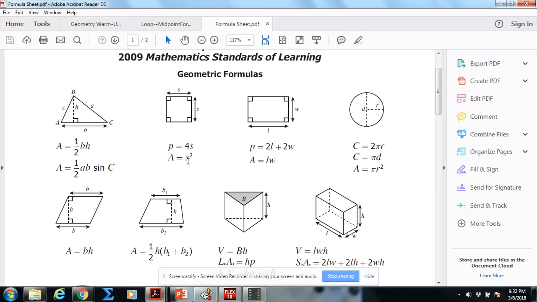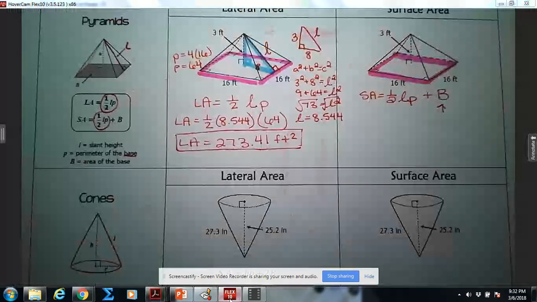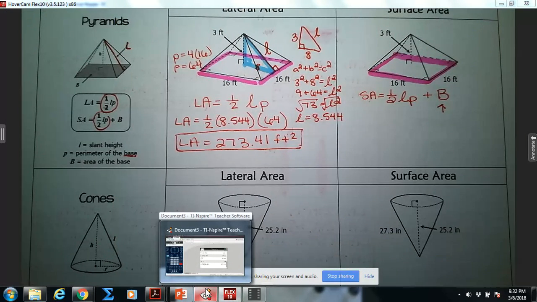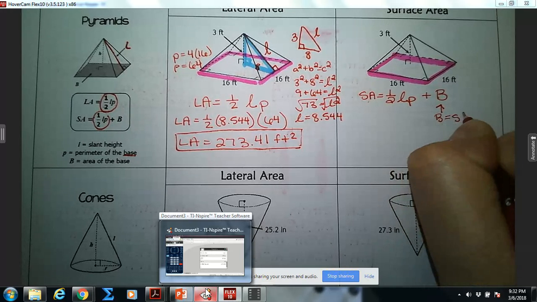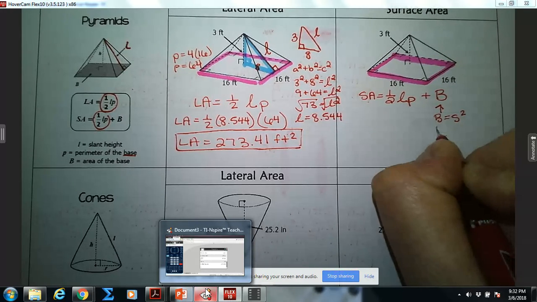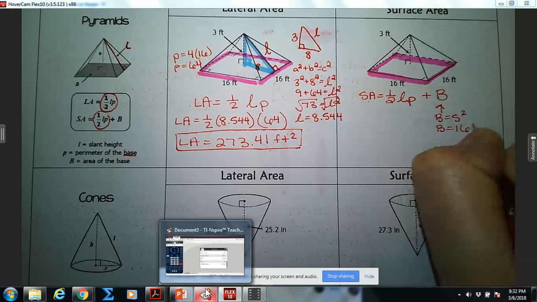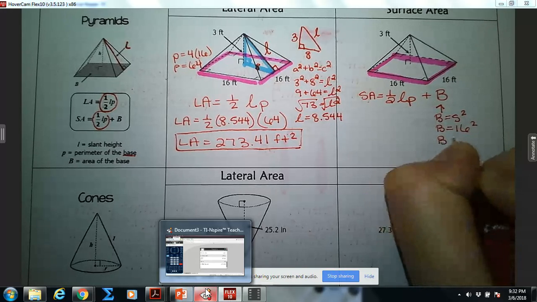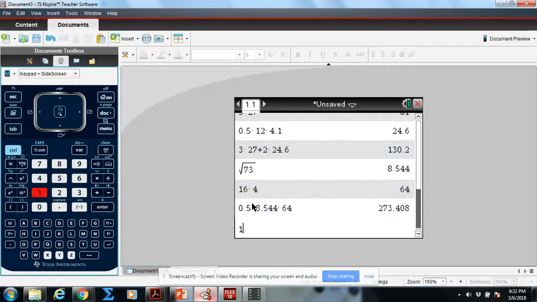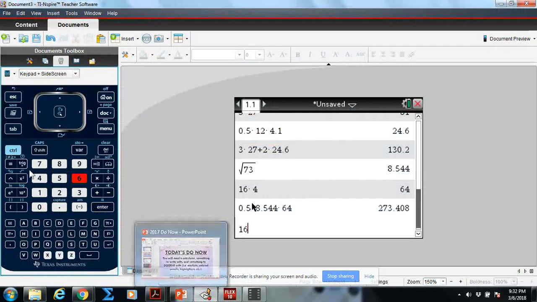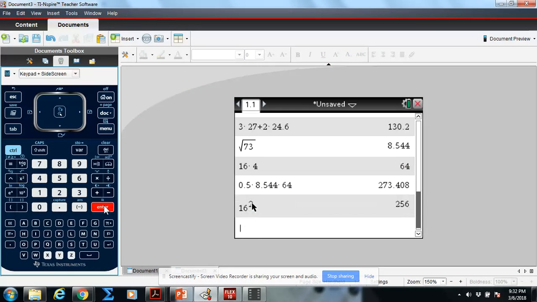The area is equal to a side squared. So this base area is going to equal a side squared. So that would be 16 squared. 16 squared, I believe, don't mess this up, I think it's 256. Yes, good, 256.